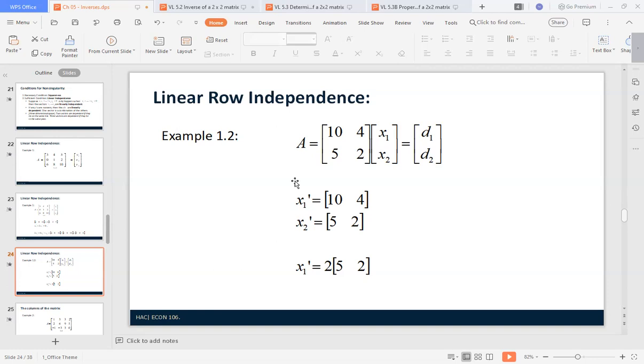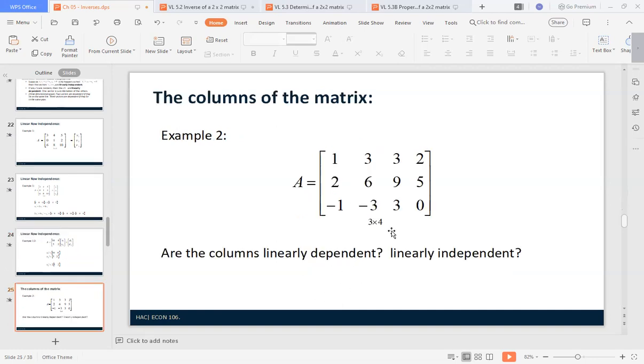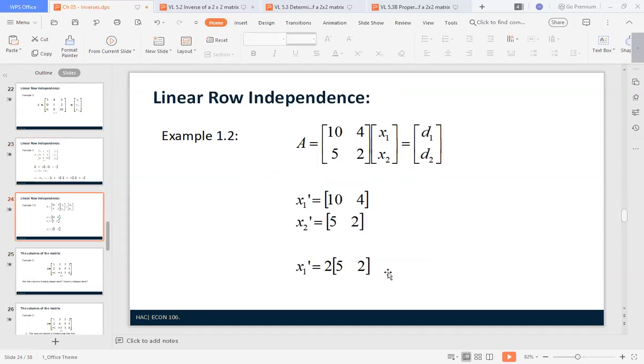We also have x sub 2 prime, which is equal to 5, 2. So again, you can use scalar 2 to prove that this is a multiple of the other vector. Doing the same exercise as this one, it would give you a null vector.